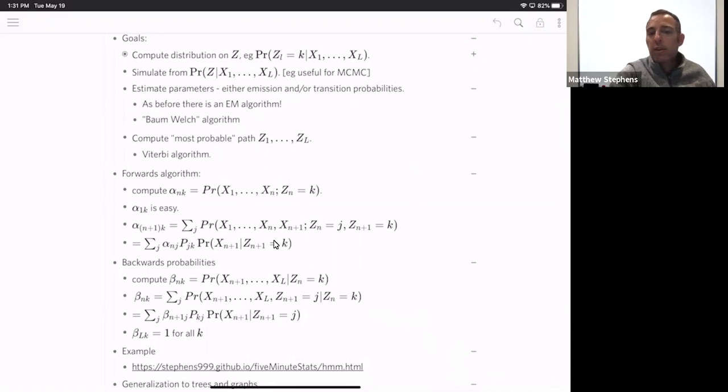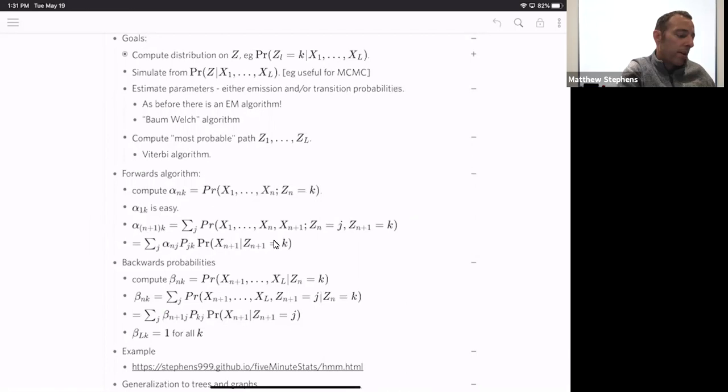Alpha 1 is just the probability of x1 and z1 equals k, so that just depends on the starting probabilities for z and the emission probabilities for x1 given z1. And then you have this recursion that computes alpha n plus 1, the next step, given the alpha at the previous step, the transition probabilities and the emission probabilities at the next step.